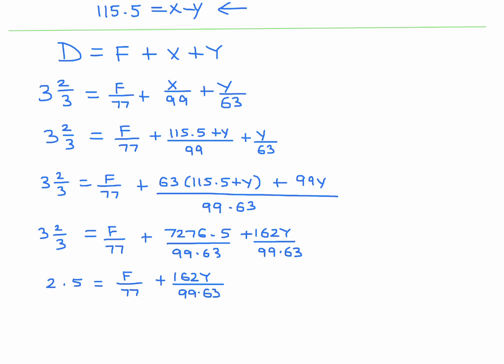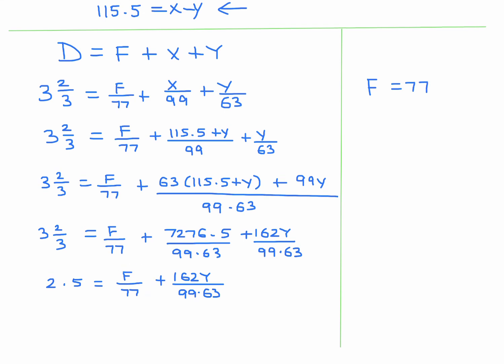Okay, at this point I still have two variables, but I can use inspection now, because that's the only thing I can do when I have two variables. Let's say I let f equal 77. That would make that 1.